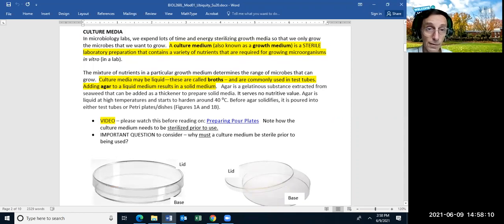It is a sterile laboratory preparation that contains a variety of nutrients that are required for growing microorganisms.